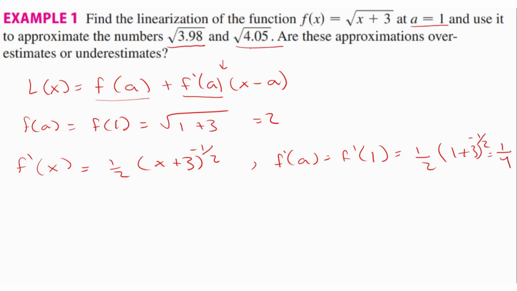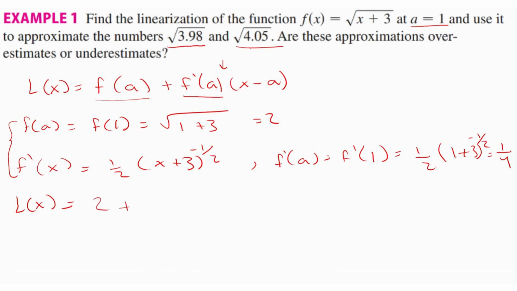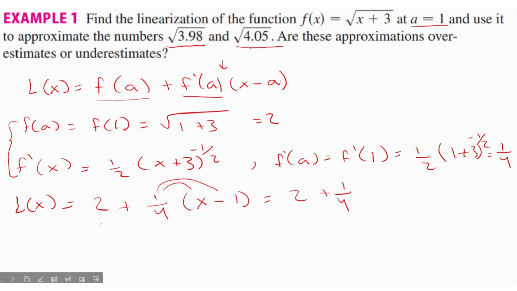Now, to substitute in the linearization formula, we will use the values we just found. So f of a is going to be 2 plus f prime at a, which we found is 1 over 4, multiplied by x minus a, which is 1. Now if we distribute 1 over 4, we multiply it by x and then by negative 1, we get 2 plus 1 over 4x minus 1 over 4.